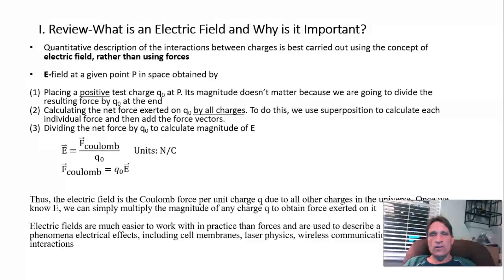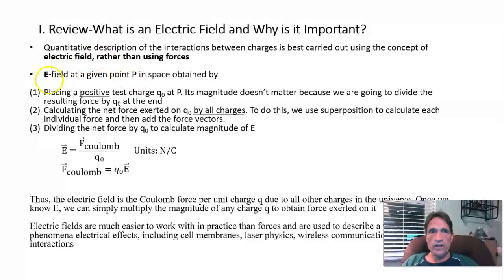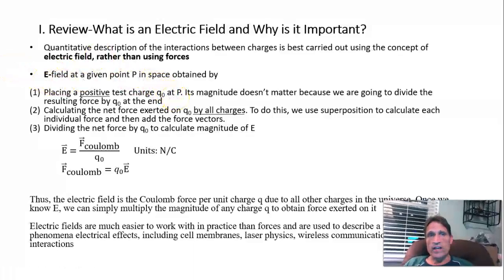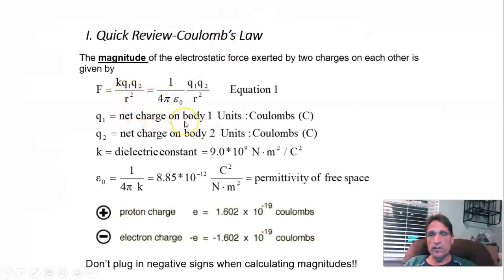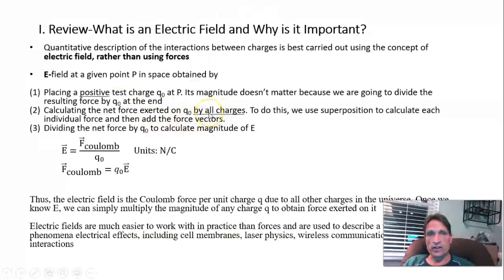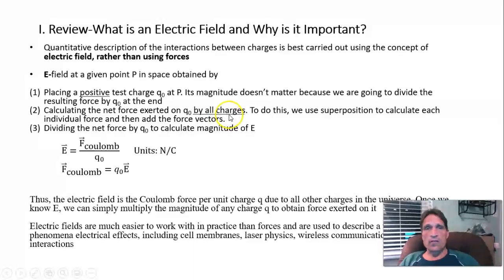To calculate the electric field, remember we placed this positive probe charge Q0 at a given point, and we calculated the net force using Coulomb's law due to each of the source charges. We added up all the vectors to get the total force acting on this probe charge Q0, and then at the end, we divided this force by Q0 to get the electric field.